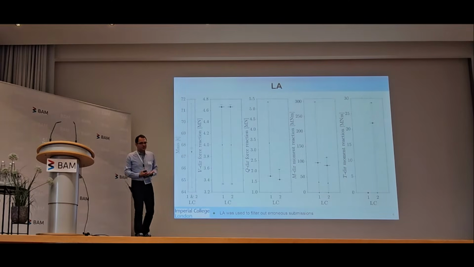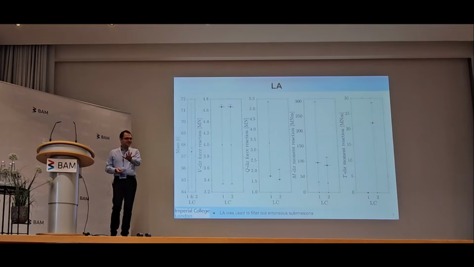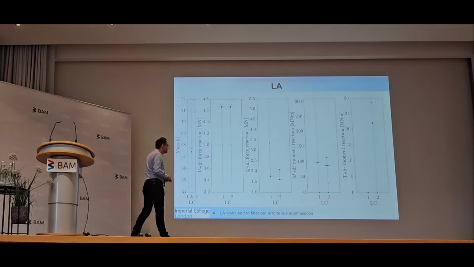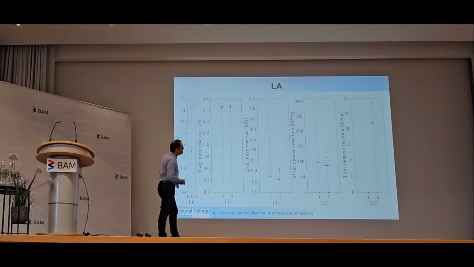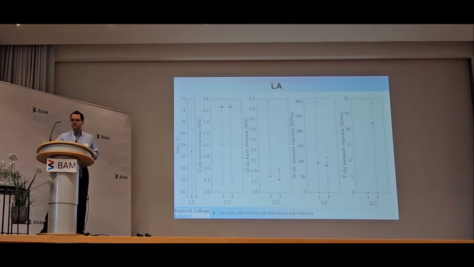We filtered those out from subsequent analysis because we wanted the variability to be explainable by differing modeling assumptions, not attributable to mistakes. So we lost about 5 submissions this way. I don't name names, but there were about 5 submissions which we had to filter out. The black X that you see is the result given by the reference solution in every case.